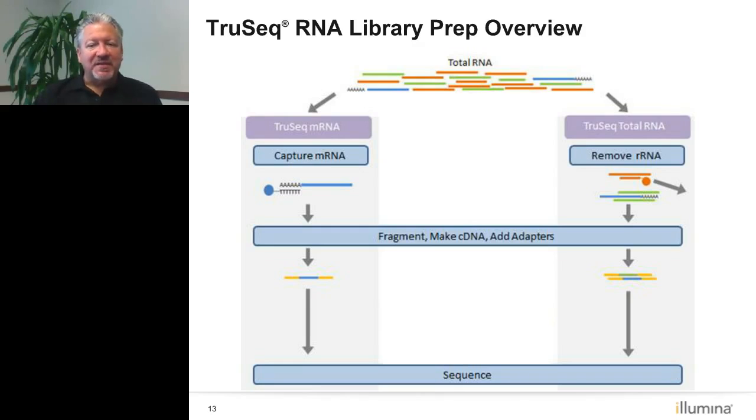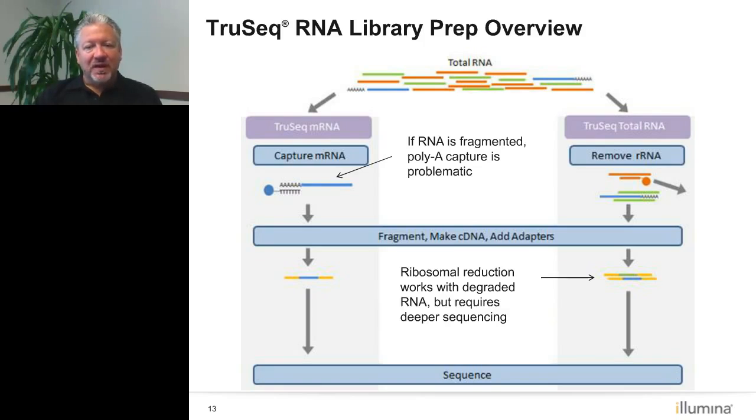What I want to talk about today is actually a new paradigm where it addresses a couple of different problems. One is if the RNA is fragmented, then the poly-A capture can be quite problematic. And instead of capturing full-length RNA, you could imagine that if this RNA were fragmented by a degradation process, like you get from FFPE samples, you would capture essentially just the 3' end of this message as opposed to the full-length message.